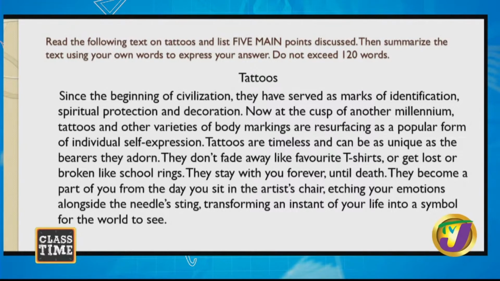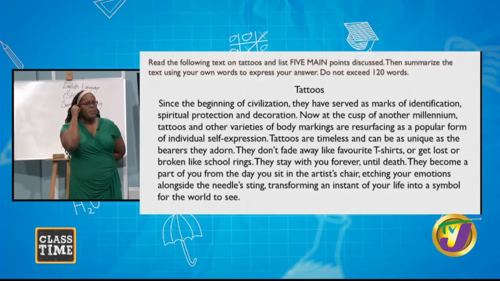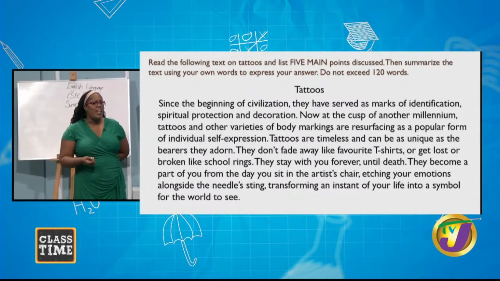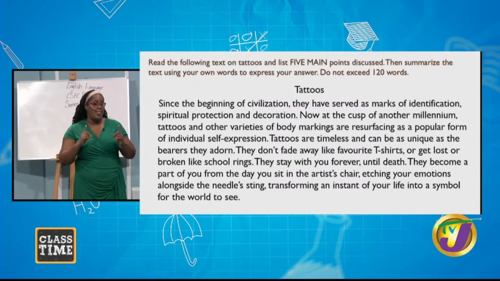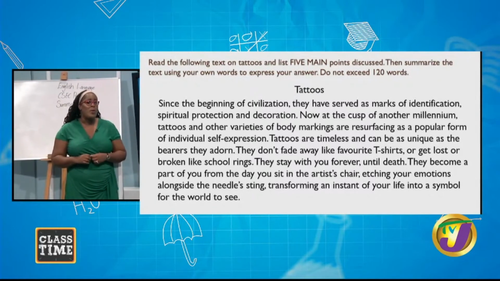You are given a word limit, and the word limit here is 120 words. And you must be saying to yourself, how can I possibly summarize all of this information using 120 words? It is possible, and we're going to be looking at it.